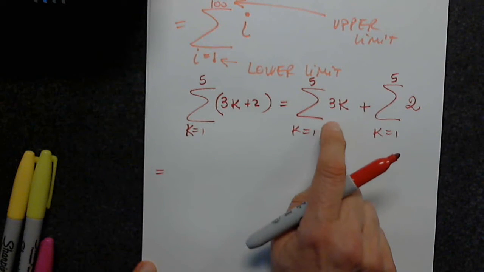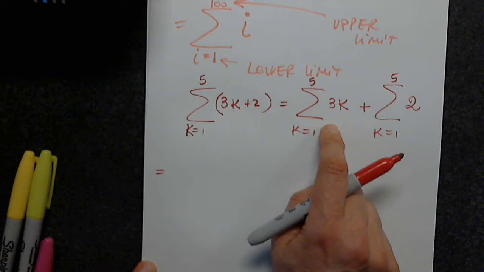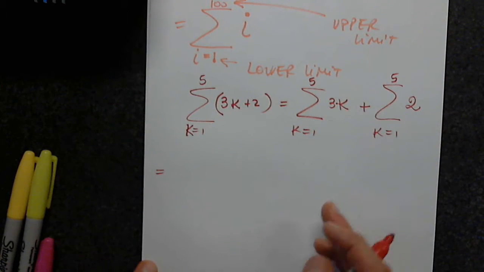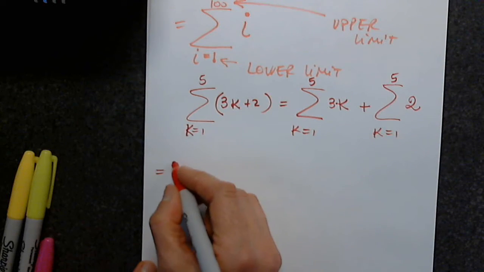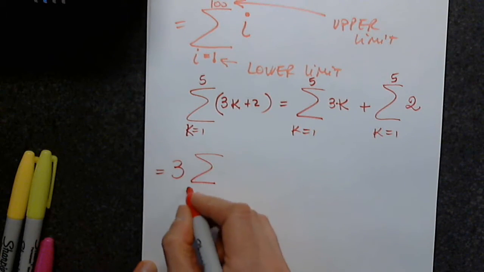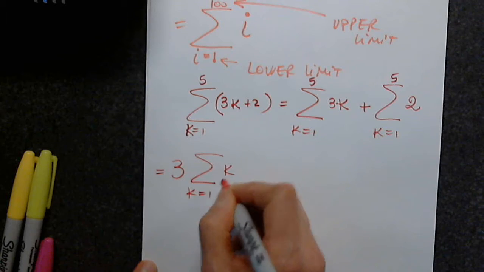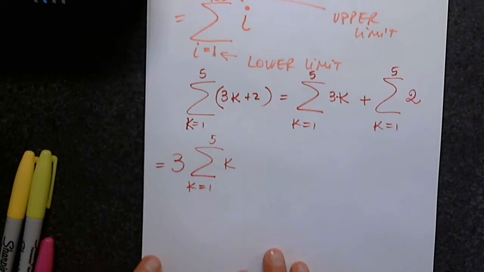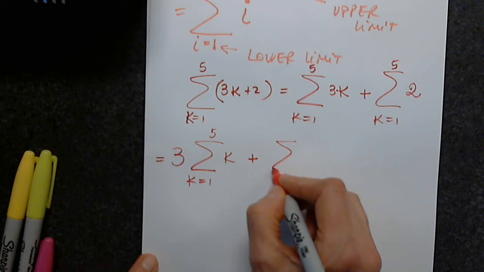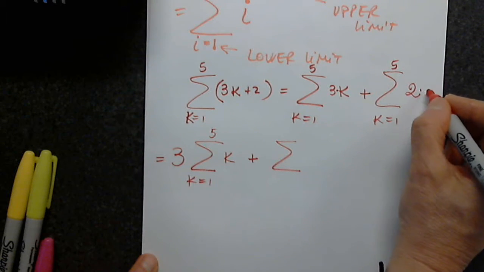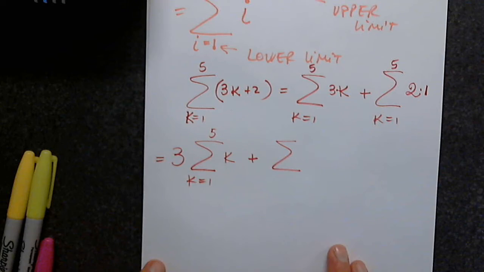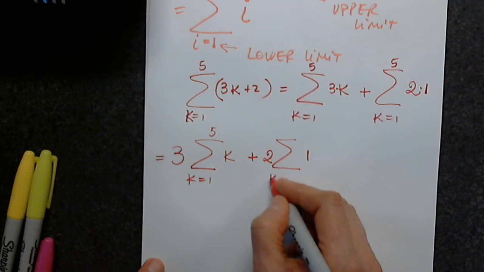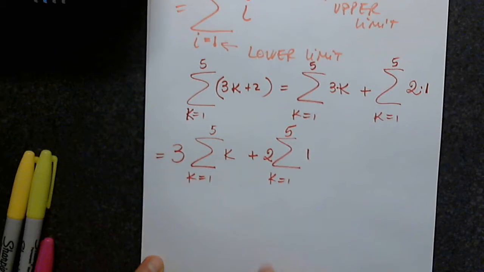Okay, now I'm looking at the second one, and this is another property, because it's 3 multiplied by K. The 3 can go in front of the sum. So 3 times the sum from K equals 1 through 5 of K, plus the sum, this is 2 multiplied by 1, I put the 2 in front, of the sum of 1 from K equals 1 through 5.